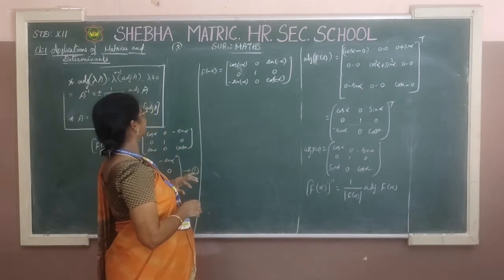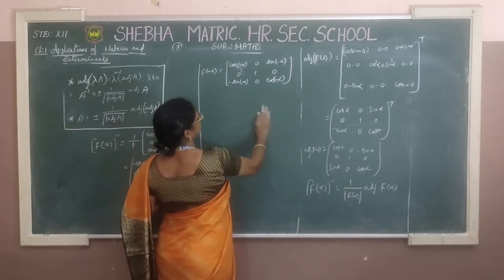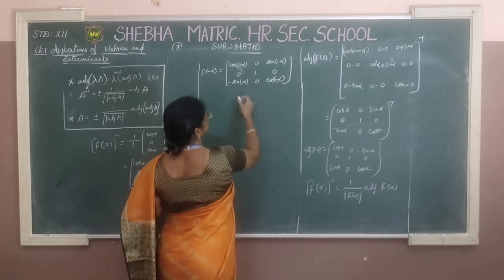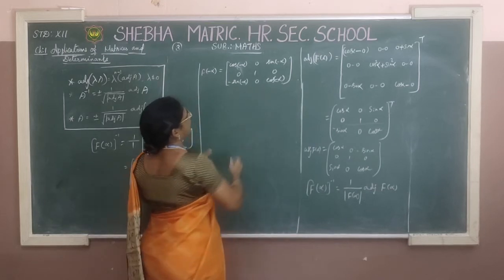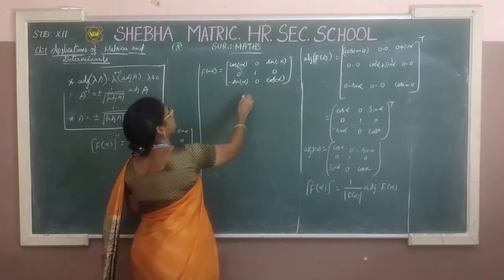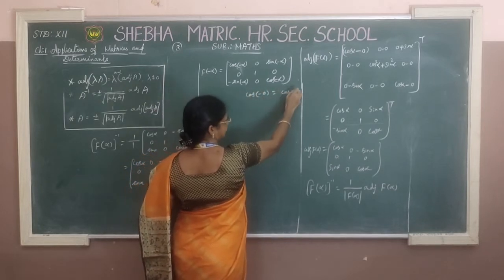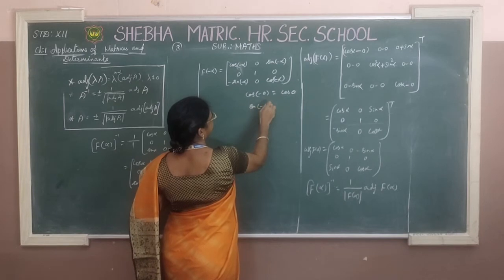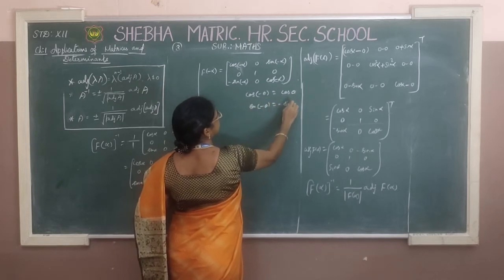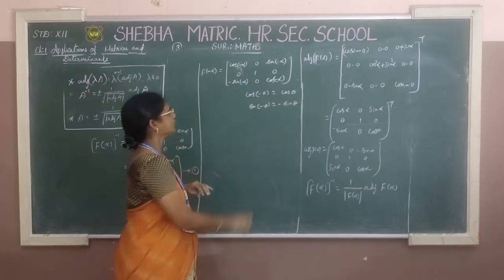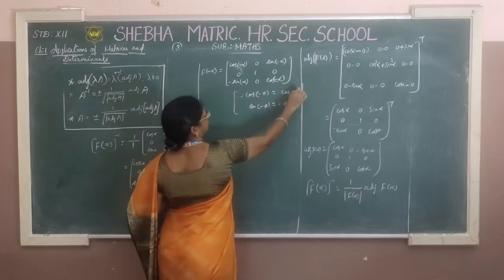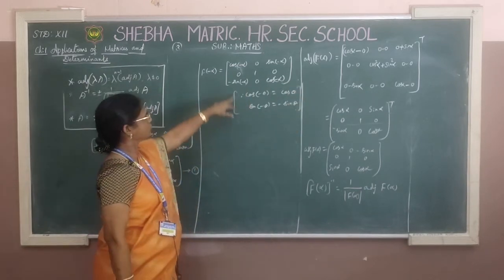And we want one more formula for this. This you have also studied in class 11th. Cos of minus theta is what? Plus cos theta, and sin of minus theta is minus sin theta. Okay, remember we use these two, we get what?